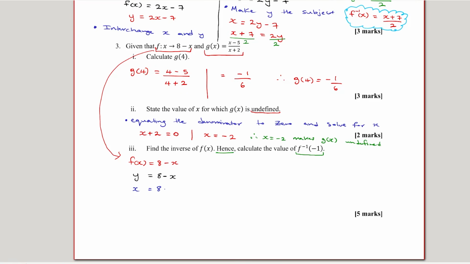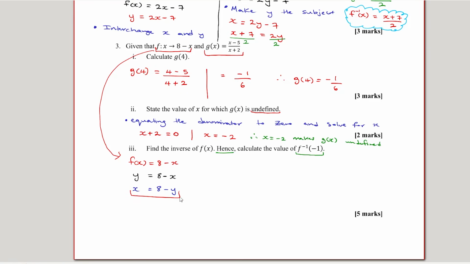And wherever we have x, we're going to replace that with y. So that's step 1, step 2. Now step 3 is to make y the subject. And I'm pretty sure we're all able to transpose to make y the subject from this. So if we need to make y the subject, we can do so by bringing the y over here. See that it's negative.